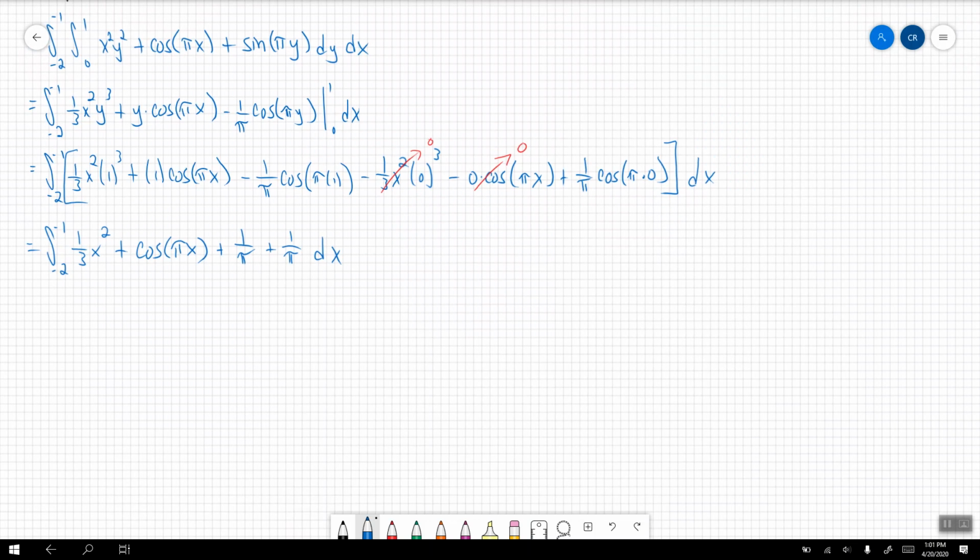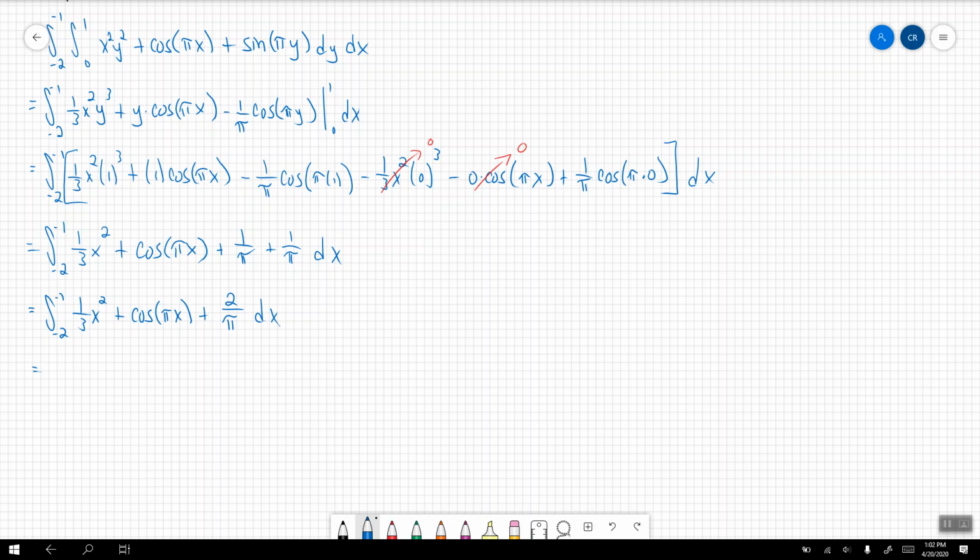Now that we have our constants set, -2 to -1, we now have 1/3 x squared, and this is going to be plus cosine of pi x, and this is now plus 2 over pi. It's looking real good. That's dx. Let's integrate with respect to dx now.